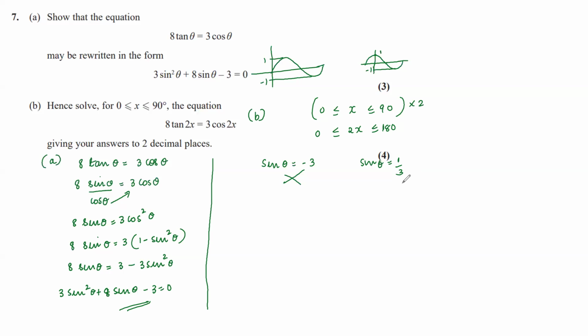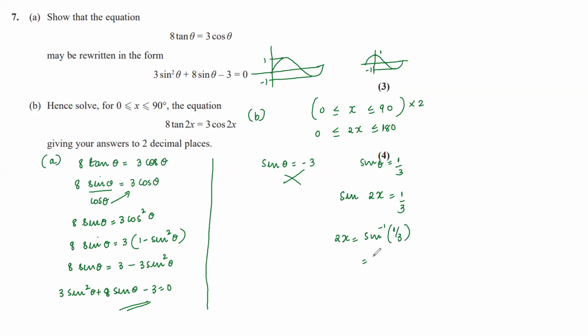Now sine theta is 1 by 3. So what we have here is sine 2x is equal to 1 by 3, because instead of theta it is getting replaced by 2x. So 2x will be sine inverse of 1 by 3.